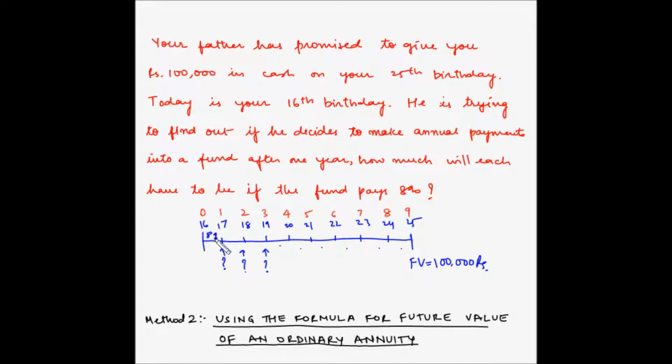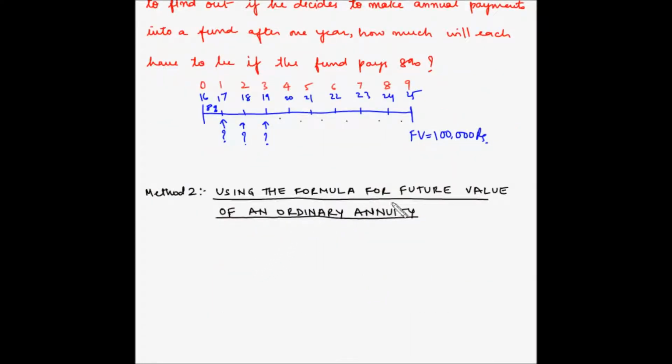The rate of interest is 8%, and of course the payments are the same for each year. So we can use the formula for future value of an ordinary annuity to find the annuity amounts. Now let's note down the formula for finding out the future value. So FV is equal to A into [(1 plus I) to the power n minus 1] divided by I. Future value is 100,000.